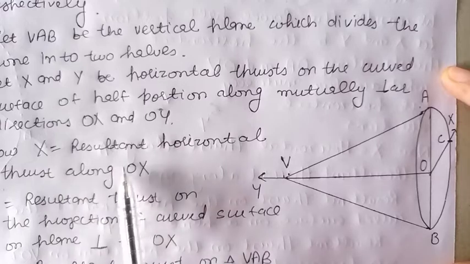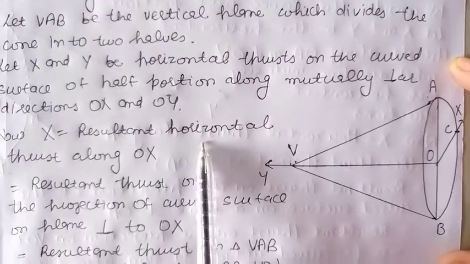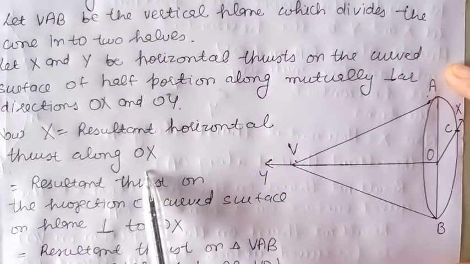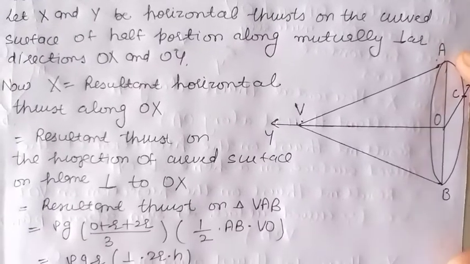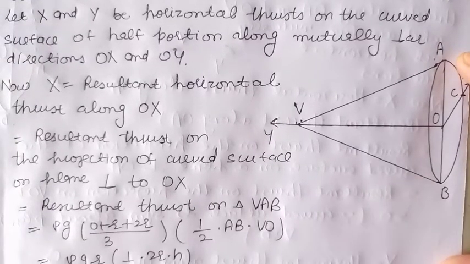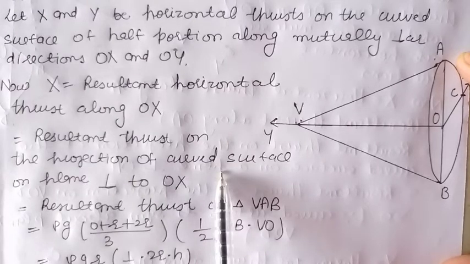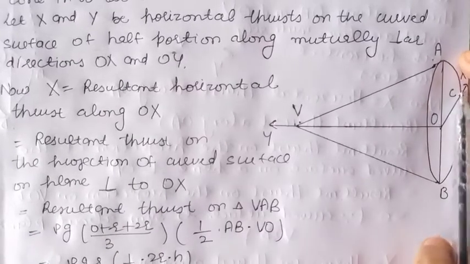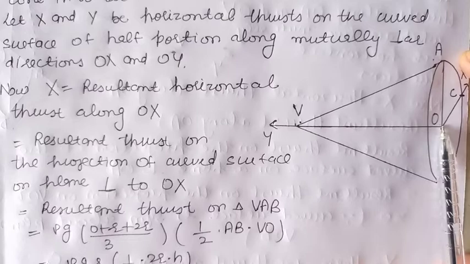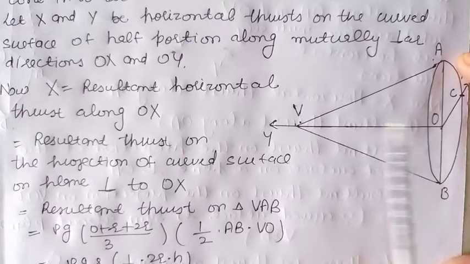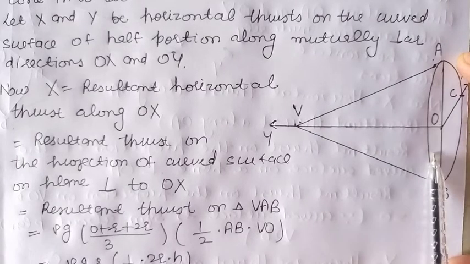X is the resultant horizontal thrust along OX, and by definition it is given by the resultant thrust on the projection of the curved surface on a plane which is perpendicular to OX, meaning the resultant thrust on the triangle VAB.